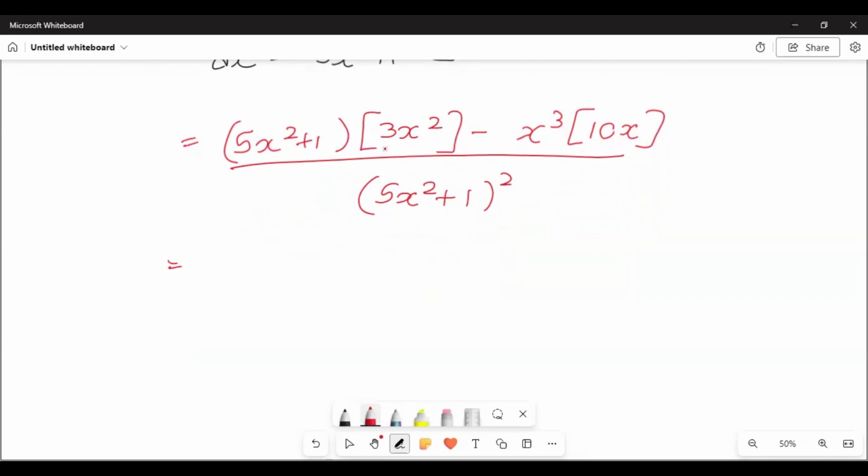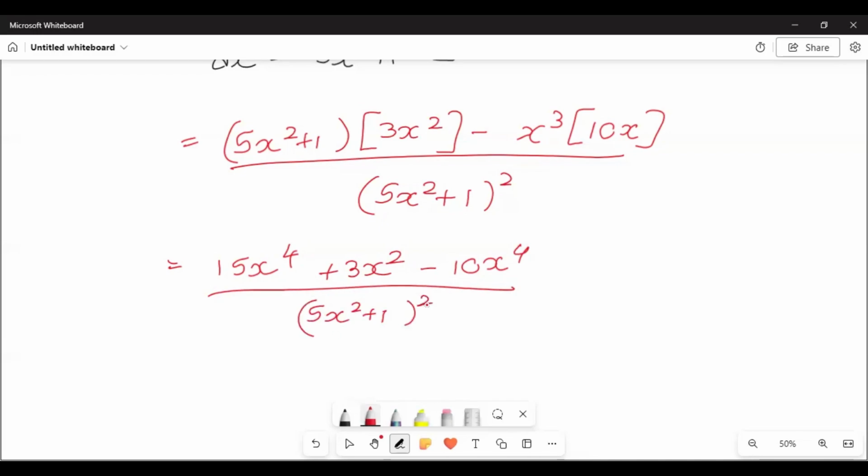So the answer is going to be 5 times 3x, 15 times x to the power of 4, and 3 times x to the power of 2 negative 10 times x to the power of 4 divided by 5 times x to the power of 2 plus 1 squared.